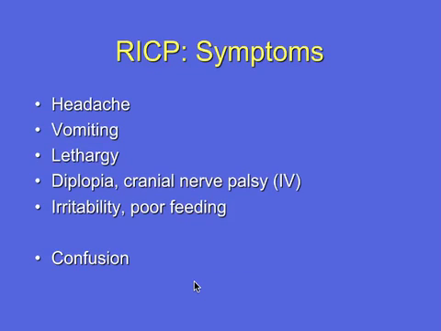Let's move on now to specifically thinking about raised intracranial pressure, because it's an important part of the assessment of the causes of patients who have neurological deterioration, and one which in my experience is somewhat underestimated. So the symptoms of raised intracranial pressure we all know are things like headache, vomiting, lethargy, cranial nerve palsies, irritability, poor feeding, and to some extent confusion.